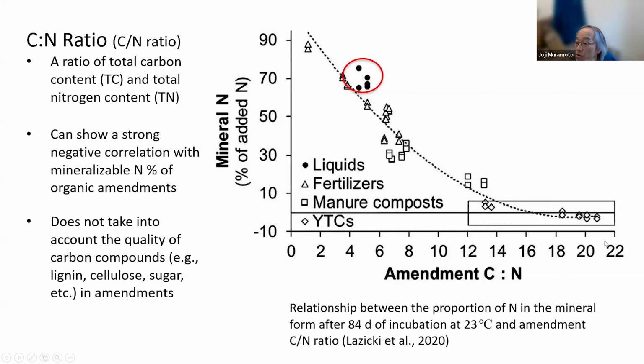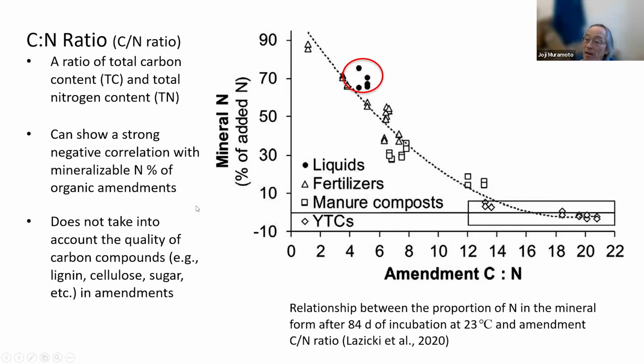The higher the C:N ratio, the lower the mineralizable nitrogen. In this case, liquid organic fertilizer is included, right here on the black dot in the red circle. The C:N ratio is about 6 and the mineralization rate is 70%.